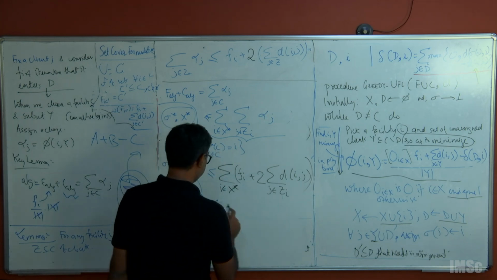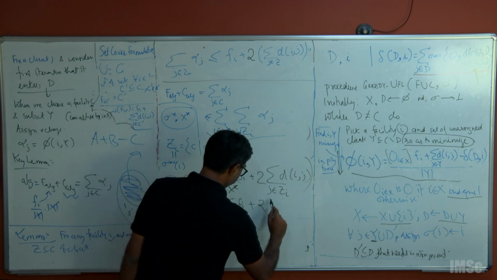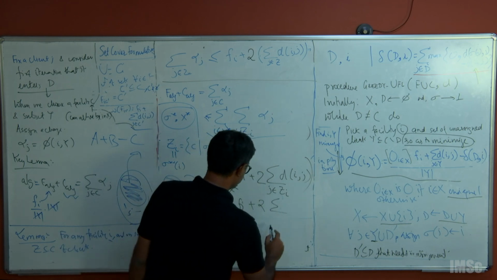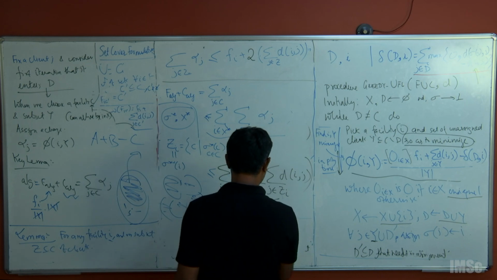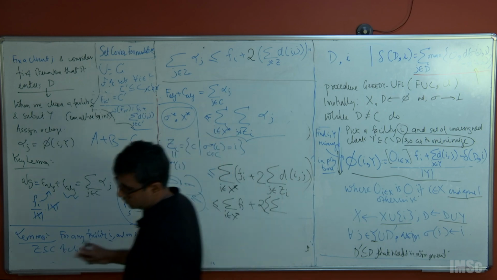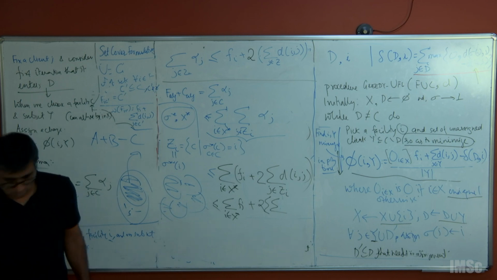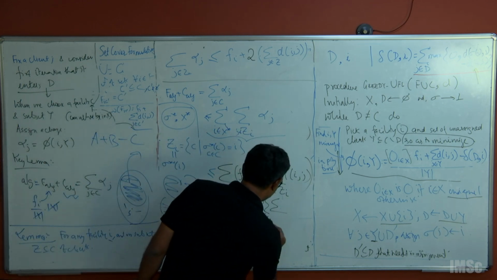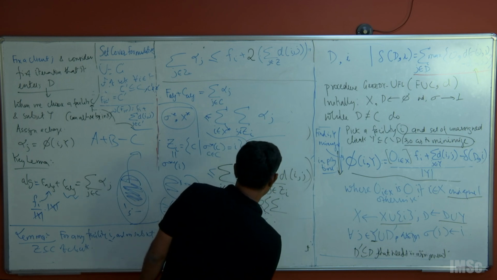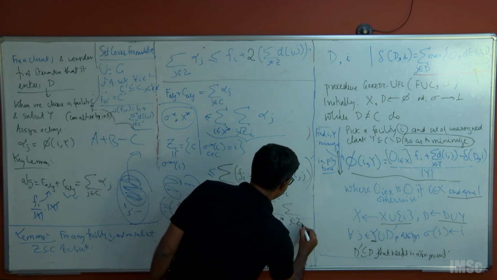This is summation i in X star, f_i, plus 2 times summation over Z_i, and if I take out the common factor, twice summation i in X star, summation j in Z_i, d_ij.